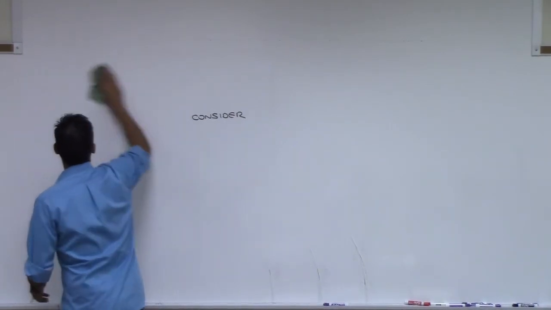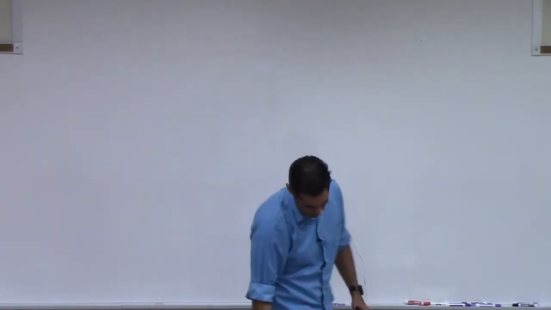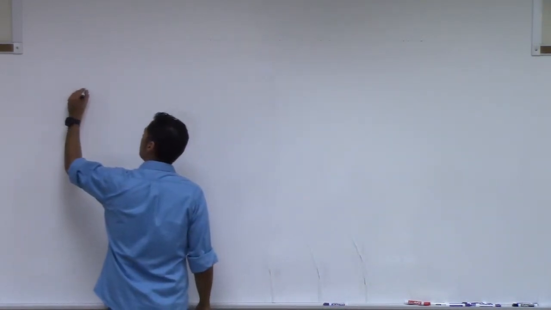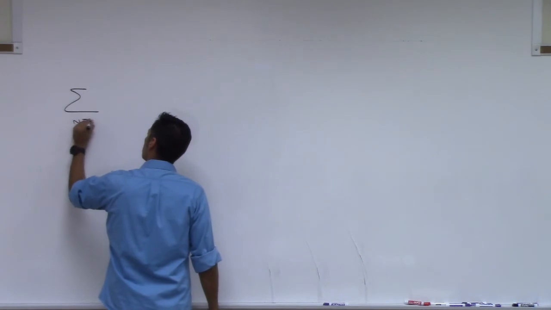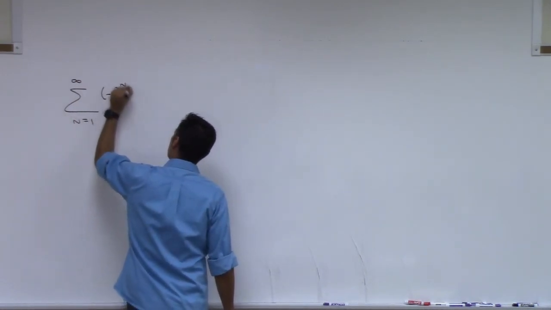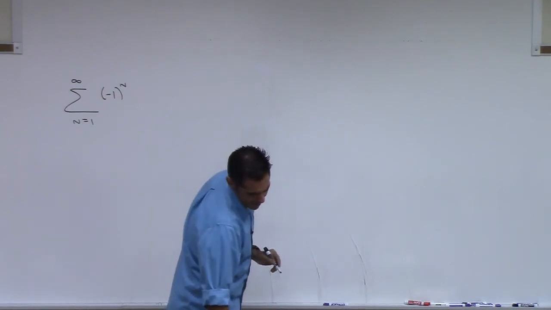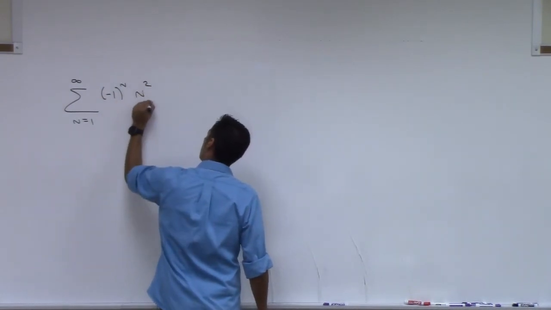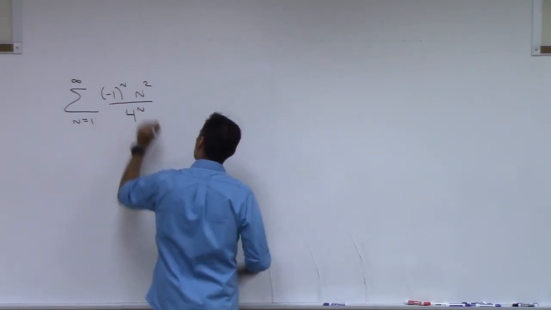Okay, here's an example. Sum n equals 1 to infinity, negative 1 to the n, times n squared over 4 to the n.